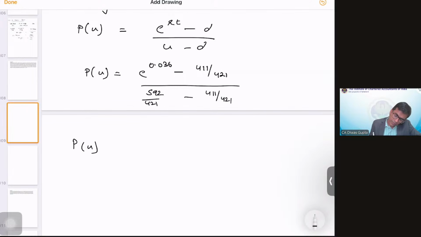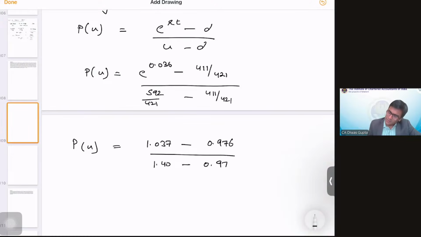So probability of prices going up is equal to 1.037 minus 0.976 divided by 1.406 minus 0.976. Okay, so this becomes 0.1418.